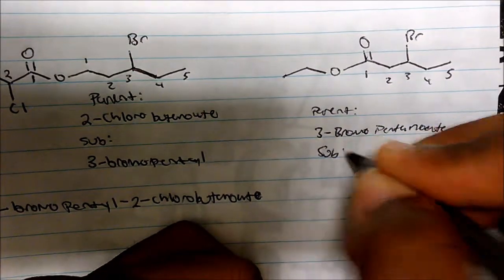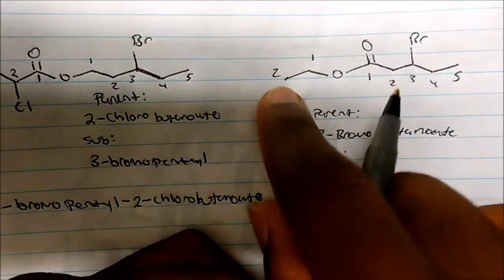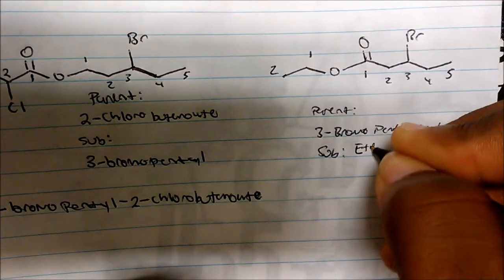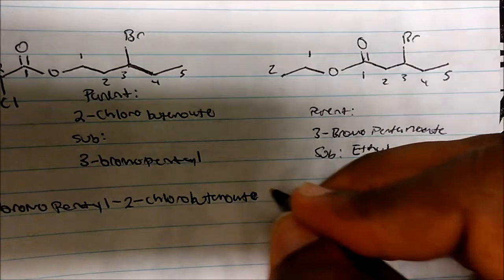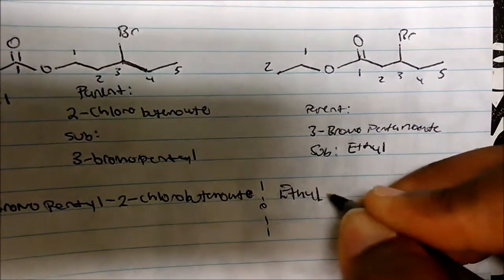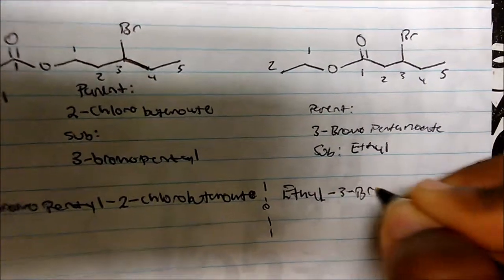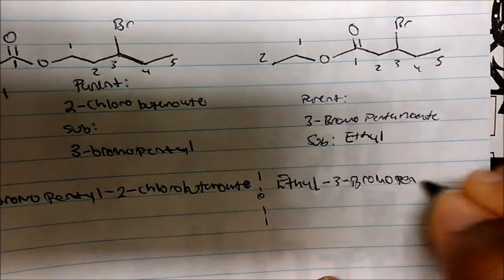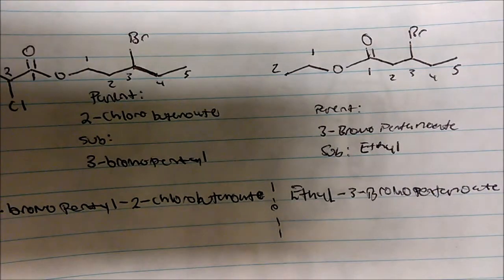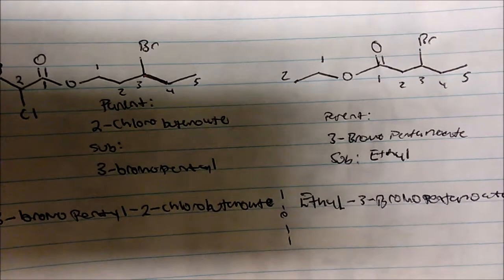As a substituent, we just have 1, 2. This is ethane if it was an alkane, but as a substituent, this is ethyl. So putting everything together, we'll call this ethyl 3-bromopentanoate.